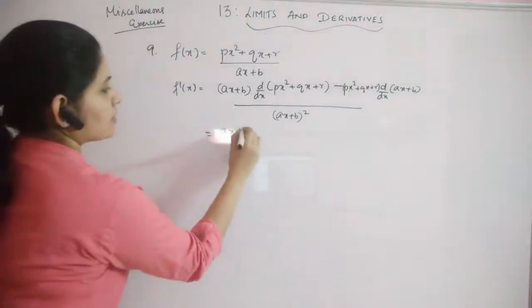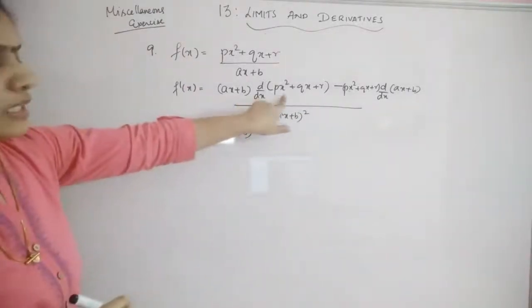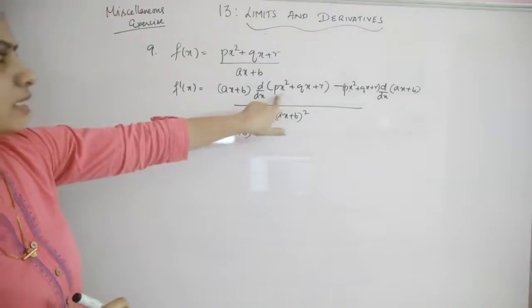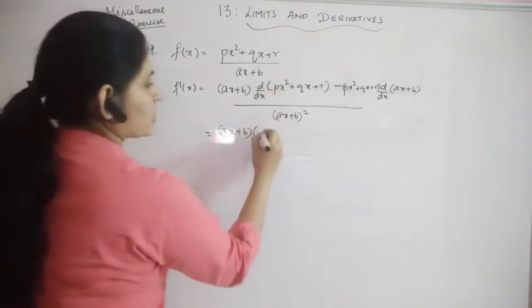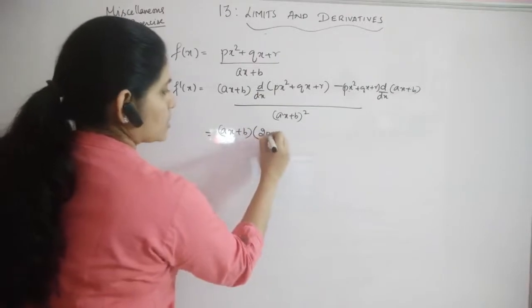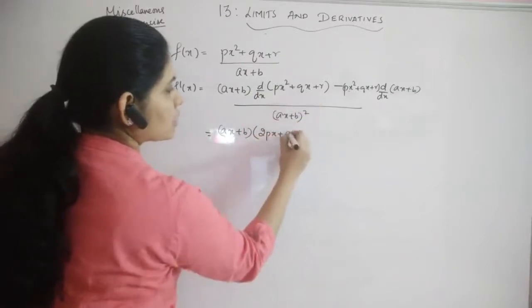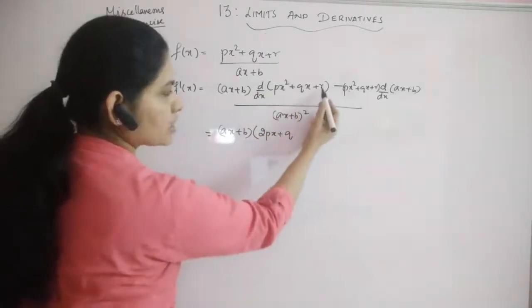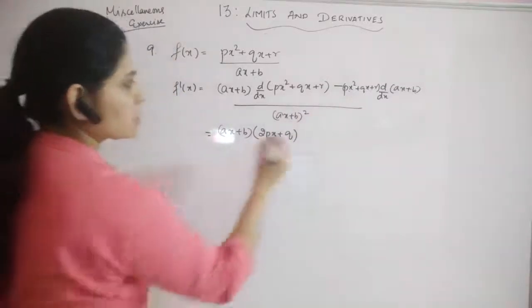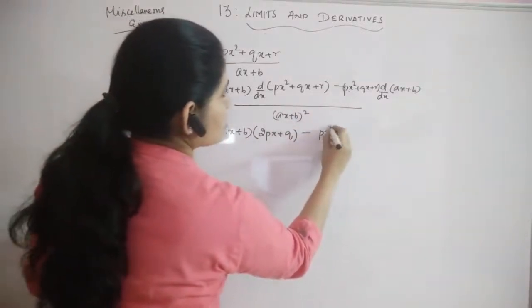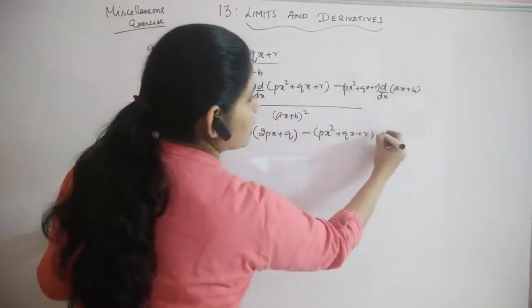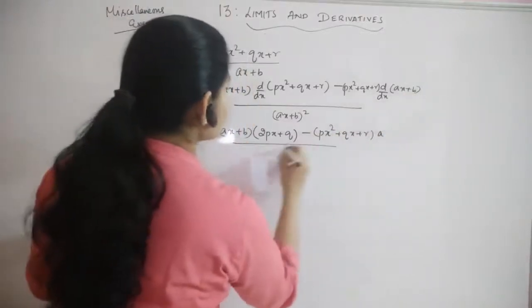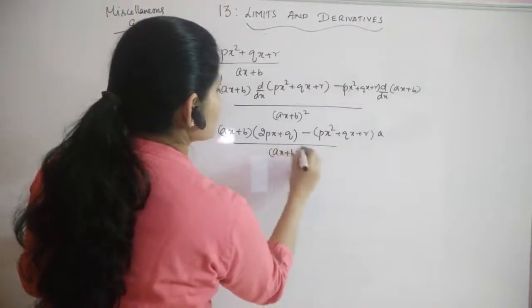So this is (ax + b) into, again the derivative of this we have done earlier. So we know that here you will have p into the derivative of x², which gives 2x, so it is 2px plus q into the derivative of x, which is 1, and the derivative of r is 0. So this much minus (px² + qx + r) into, here you will get only a, divided by (ax + b) the whole square.